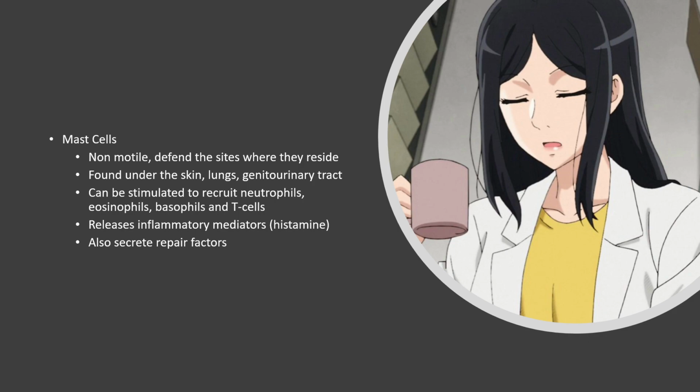This also releases inflammatory mediators, particularly histamine. Mast cells are notorious for eliciting an allergic response. So in the anime, the specific person is allergic to pollen, and you will encounter this person or these mast cells which elicit the allergic response of sneezing and inflammation of the airway tract.